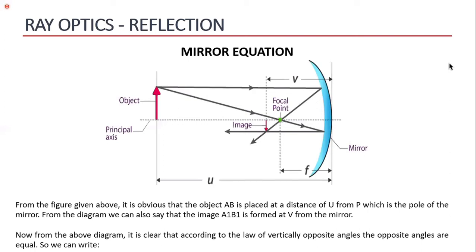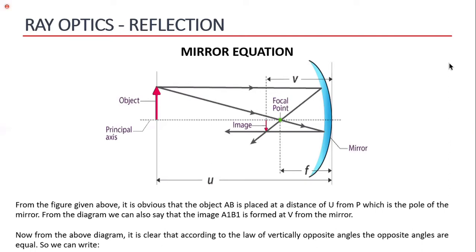The lens is characterized by its power. Power is nothing but the inverse of focal length. So basically the lens is characterized by its focal point. Similarly, the spherical mirror is characterized by its focal point. Clear?